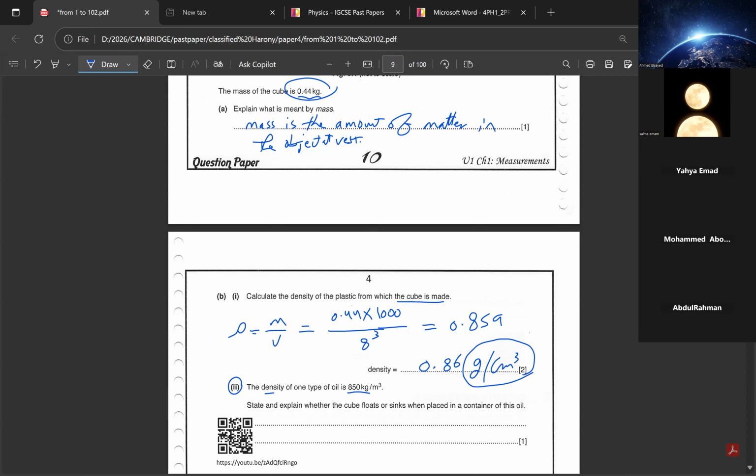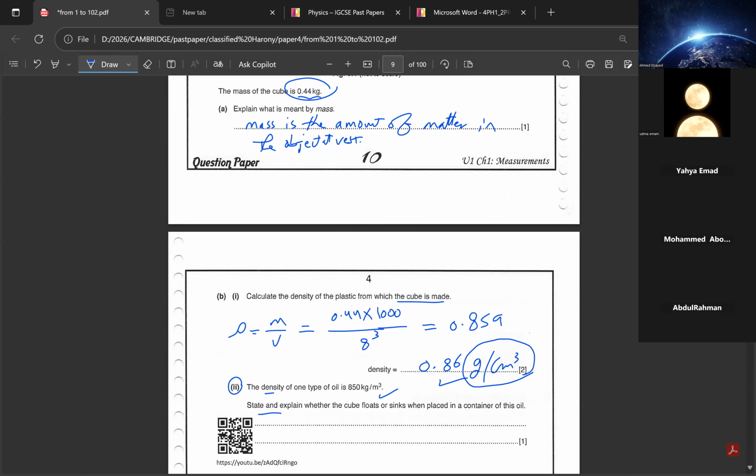And the second part of the question has density in what? Kilogram per meter cubed. And to solve the question, you need to compare. So now you need to do what? To convert this one or this one, Yahya. You need to convert, because before taking the decision to answer, you have to compare between two densities with the same unit. Okay, Yahya? Yes, sir.